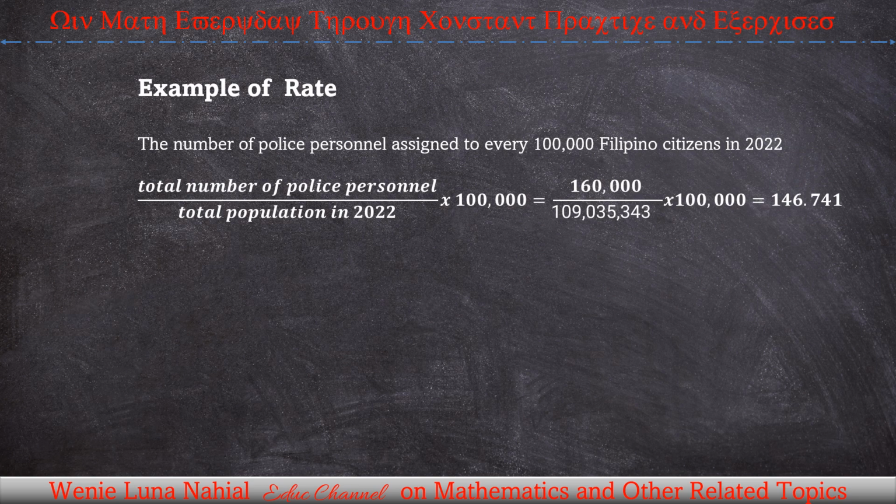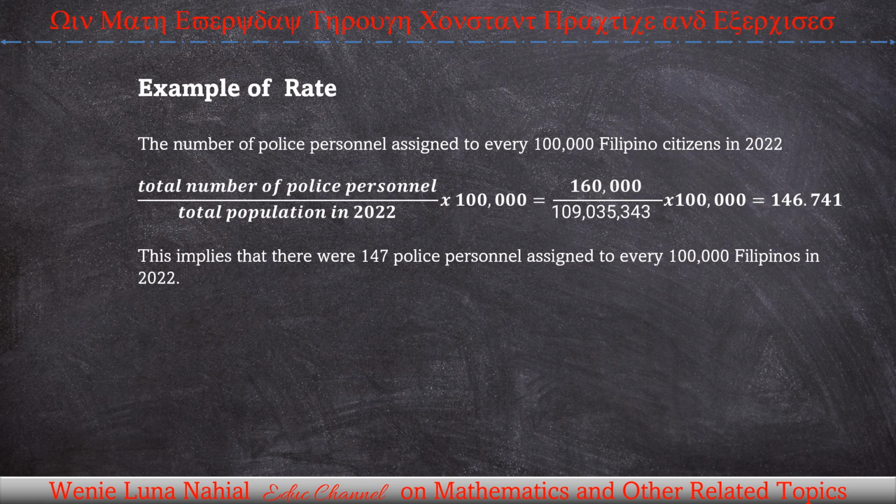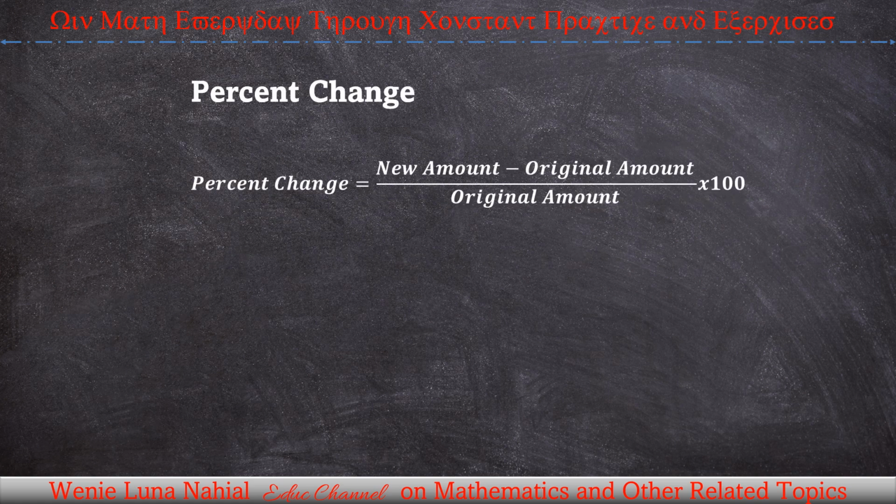So you have 160,000, the total number of police personnel, all over 109,035,343 times 100,000. So we get 146.5741. So, this implies that there were 147 police personnel assigned to every 100,000 Filipinos in 2022.